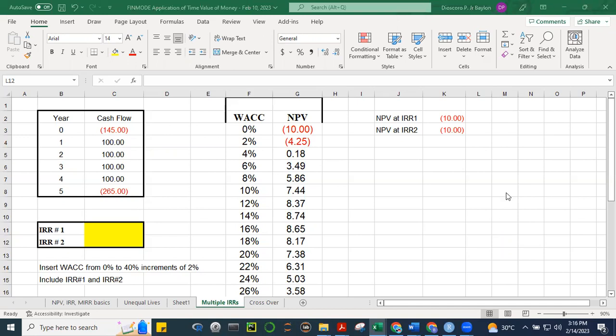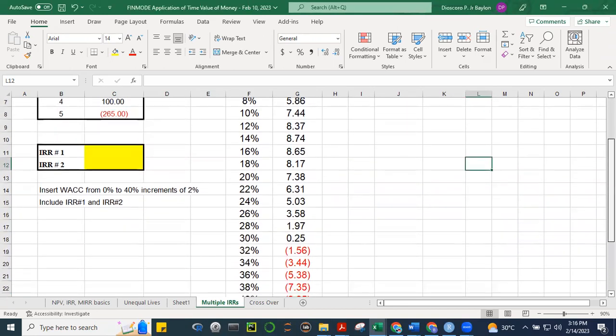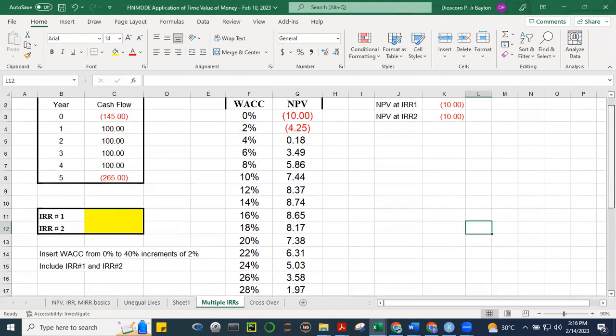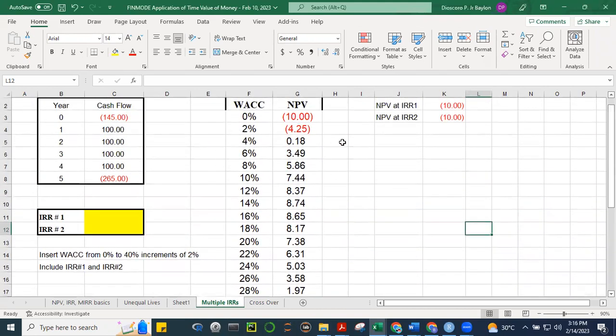All right, I hope everybody was able to get it. Now, if you take a look at this, notice that your net present value at 0% is negative, at 2% it's negative, at 4% it's positive. So this means that at 4% the project is okay.